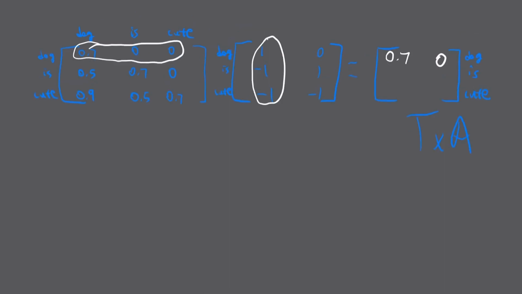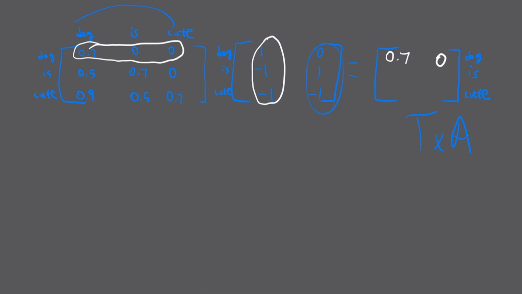So let's try and understand what this multiplication was actually doing. We have the scores here for how "dog" is relating to all the other tokens in the sequence. And this vector over here is essentially the first column of every single row in our feature vectors, or embedding vectors, right? So this entry over here is kind of half the representation of the word "dog".